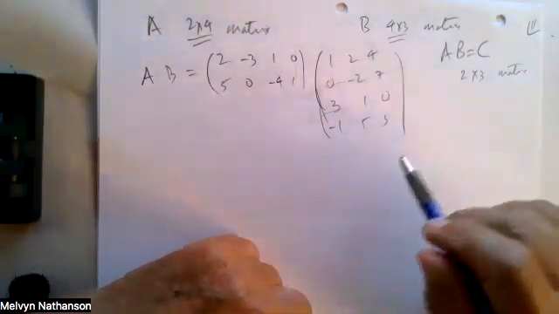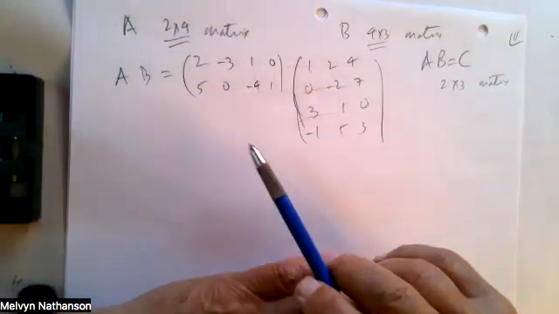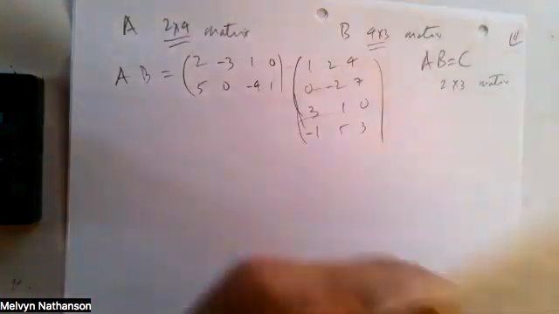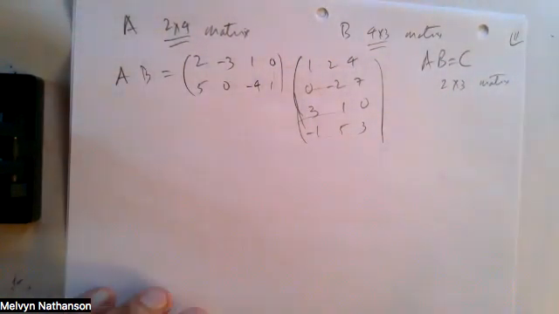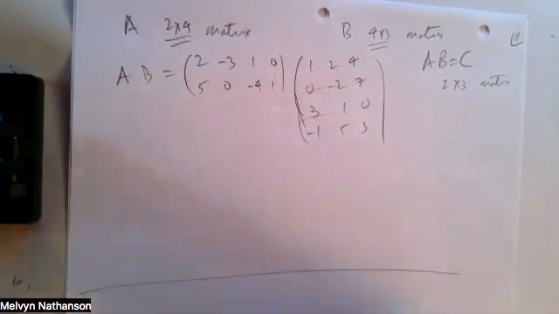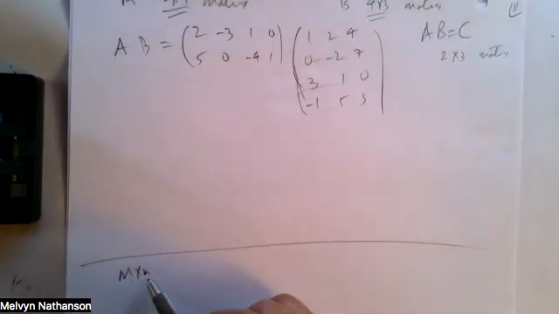By the way, can you explain one more time why it's a 2 by 3? Well, what I'm defining with matrix multiplication is, in general, if you have an m by n, you can multiply two matrices when the number of columns of the first is the same as the number of rows of the second.